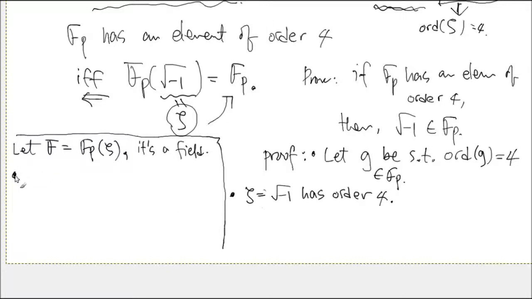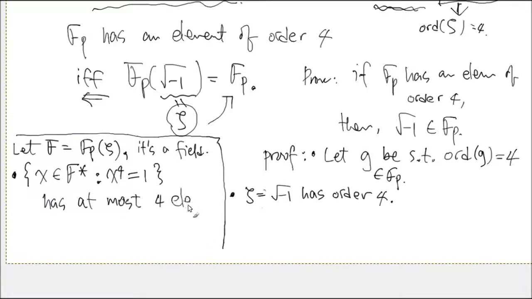This is the counting lemma. I'm collecting all the x's in this potentially bigger field, non-zero elements, such that x to the 4 is 1. Okay? Then it has at most how many elements? 4 elements.